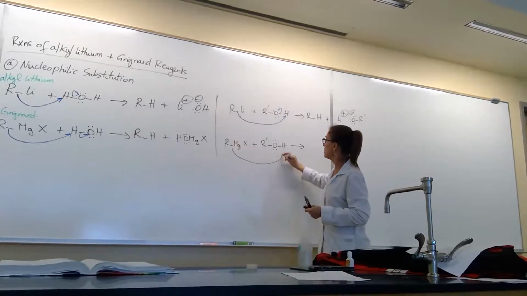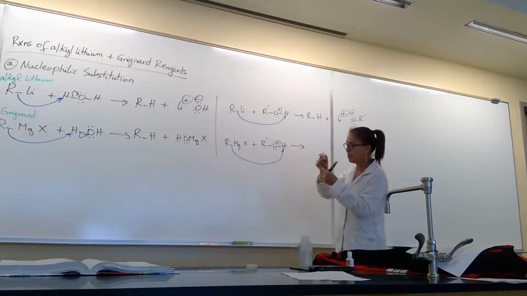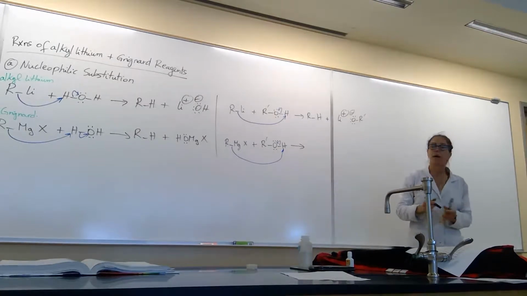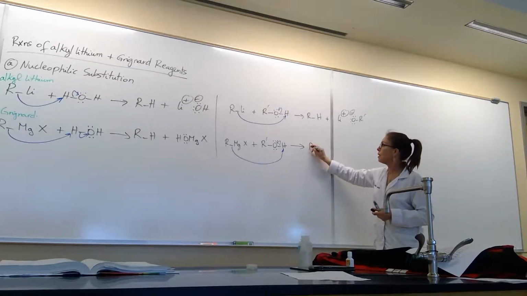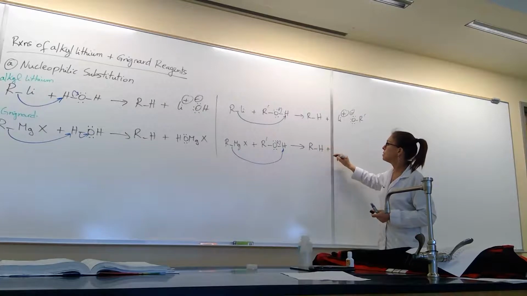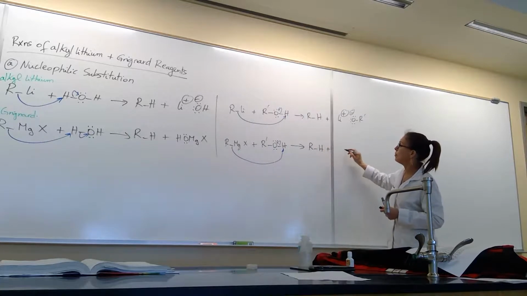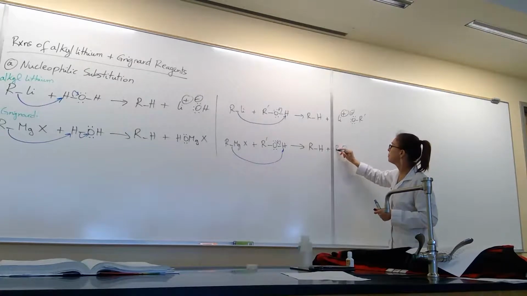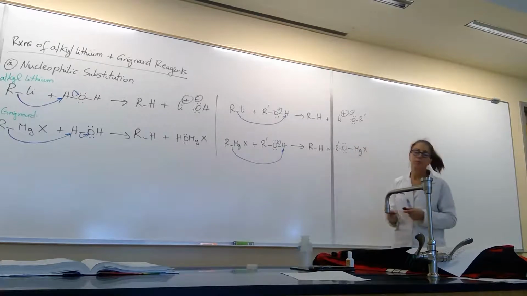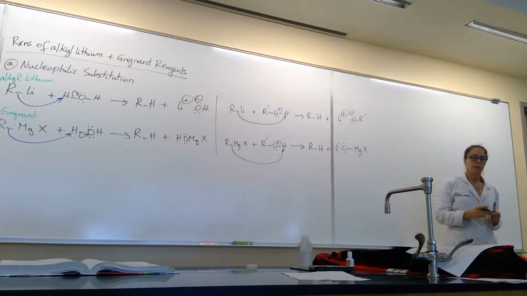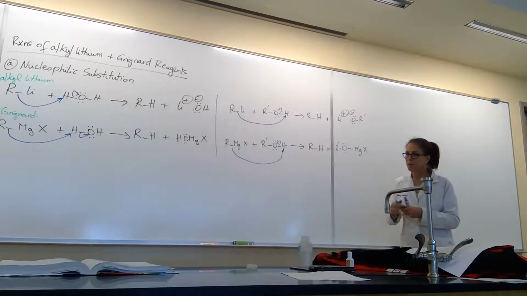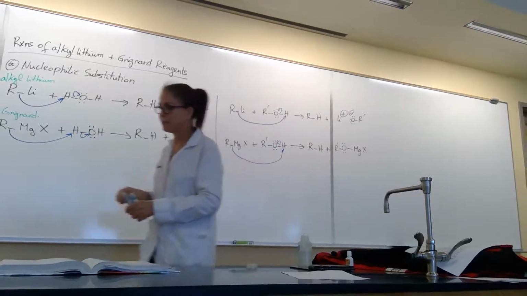Because you're not interested in forming alkane in organic chem, you're interested in forming other compounds. So it's very difficult to use them if you're not working with something completely dry. No alcohol, no water. So both of them produce alkane.